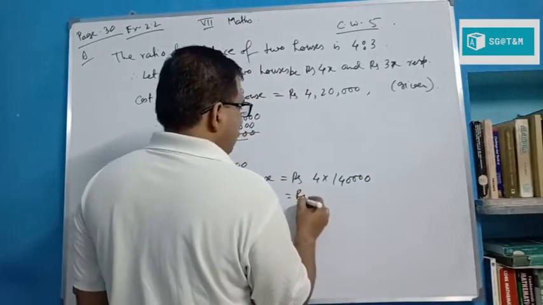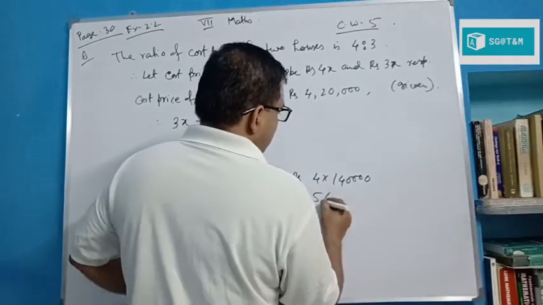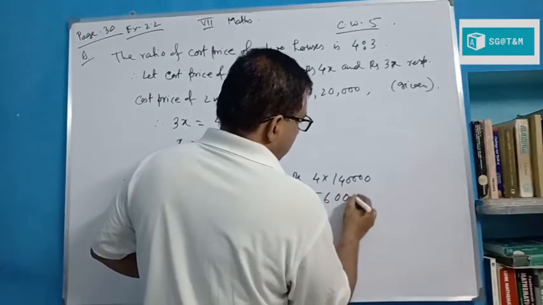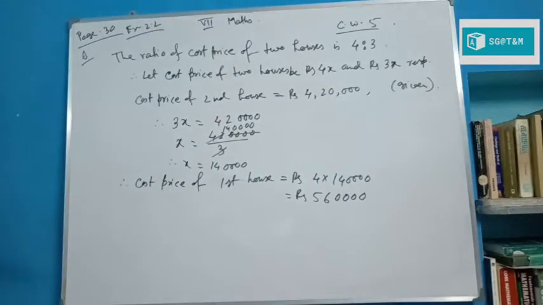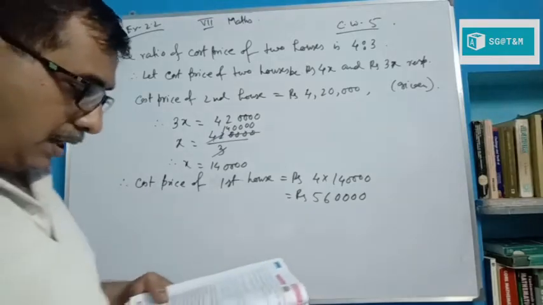That is rupees 5,60,000. 5,60,000 is the cost price of the first house.